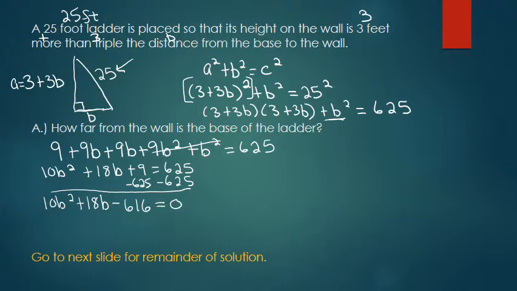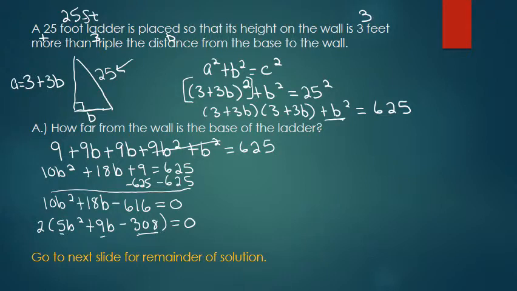Okay, so now I'm ready to factor. I need to take out a common factor, and I can take a 2 out of every term. So I get 2 times 5b squared plus 9b minus 308 equals 0. And notice each of these are the original values divided by 2.